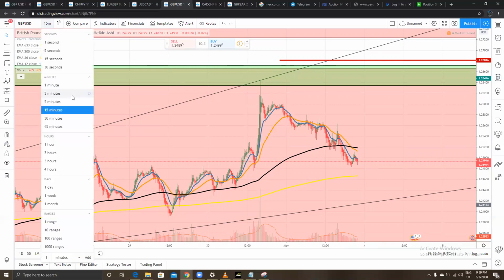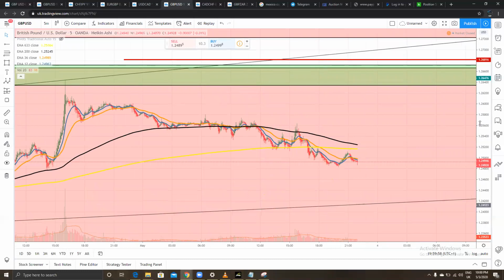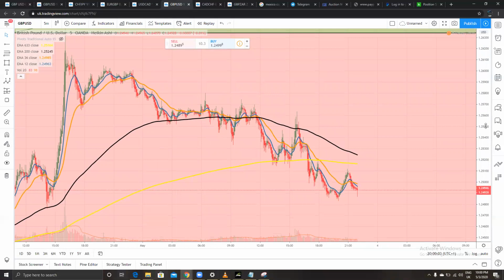Well, if there's going to be a change on the 15 minutes, look at the 5 minutes. So part of the strategy: in between the 200 and the 633 EMA, that is one of the most risky trades that you ever want to take.